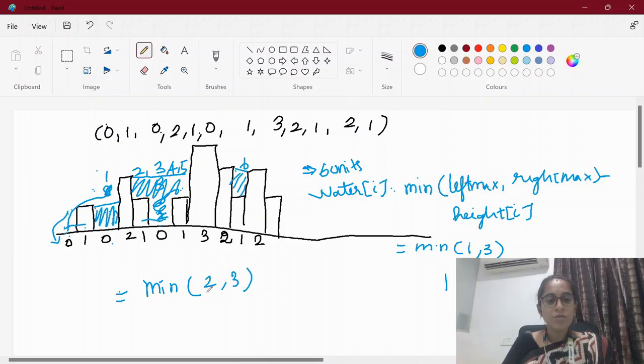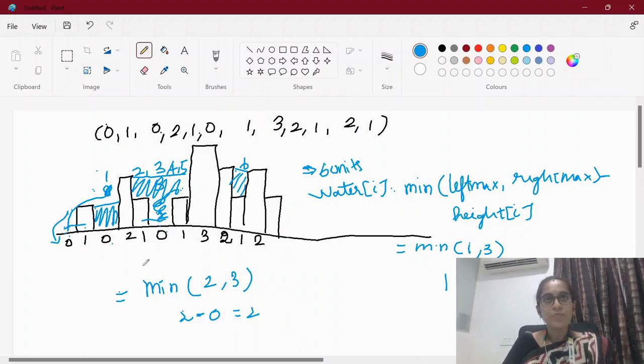So we take the minimum of 2 comma 3, which is 2, minus the current height, which is 0. So from this position we can store 2 units of water. Like this we have to calculate.